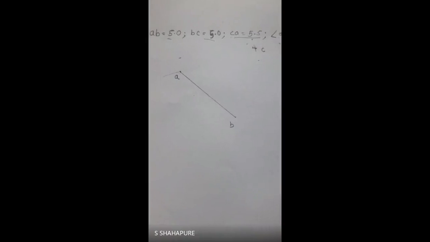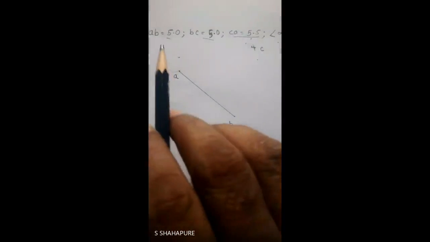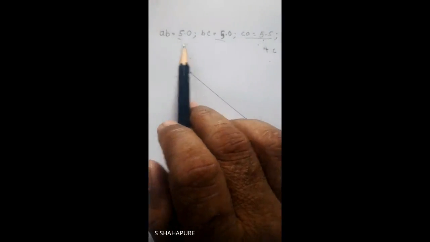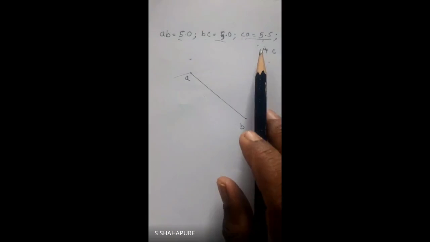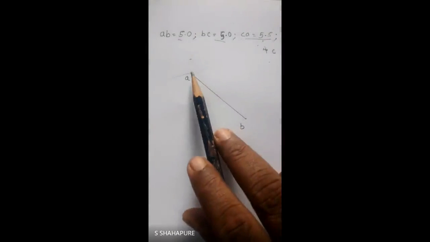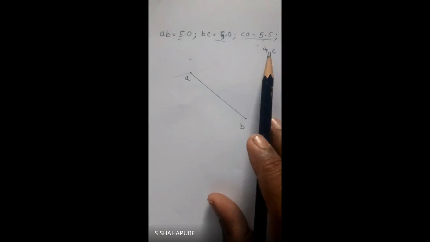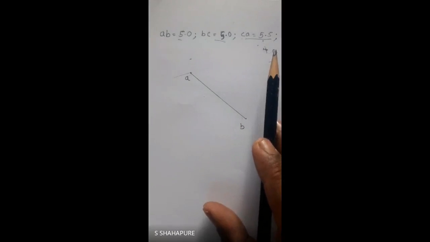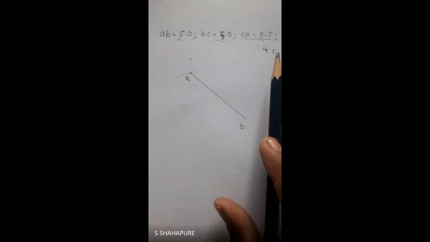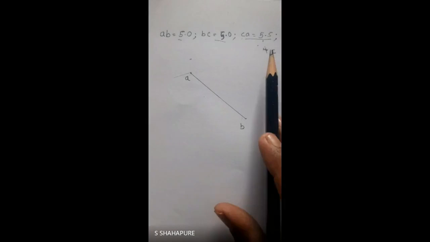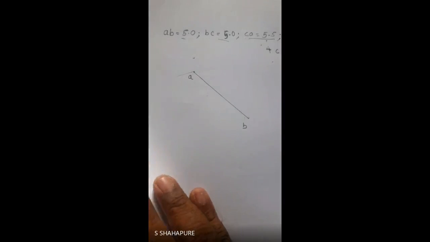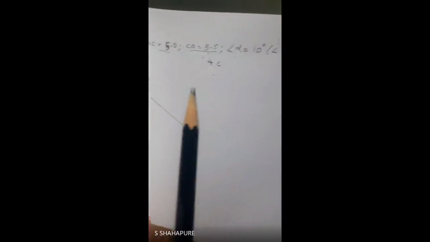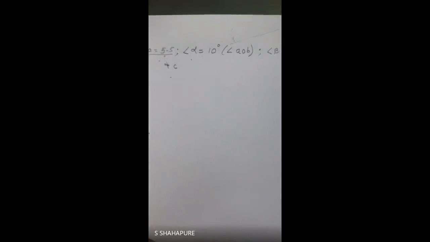So these distance measurements you have to take. These points A, B and C are points on the shore, and the alpha and beta angles are observed from the boat.